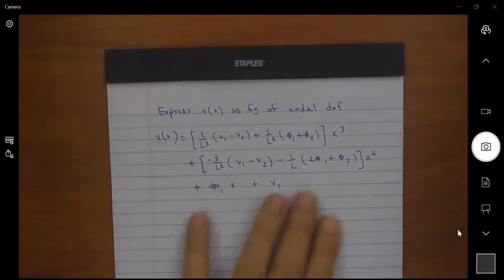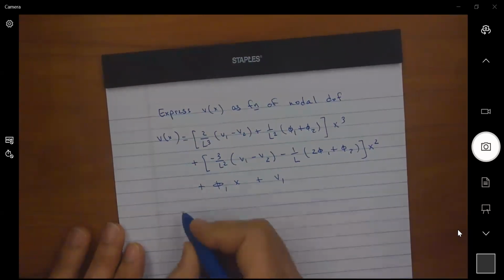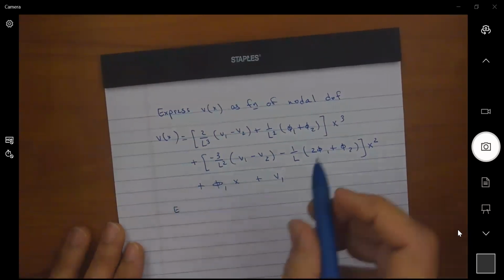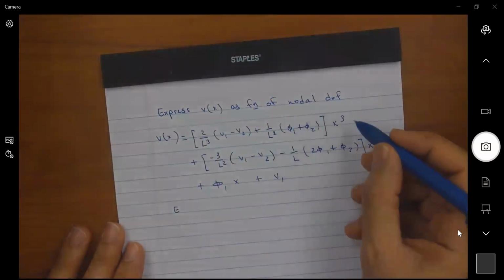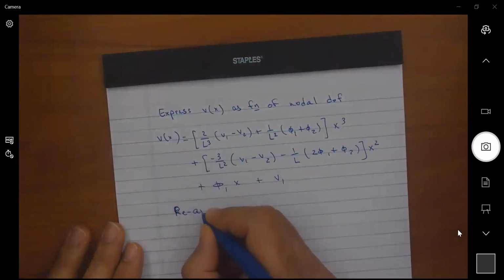Now I can rewrite this displacement function, just rearrange.